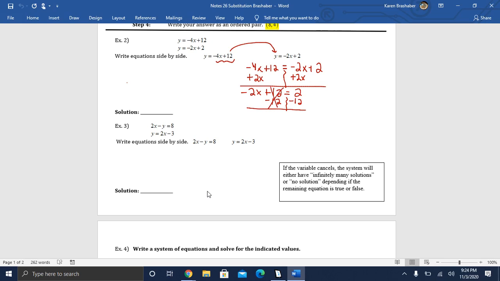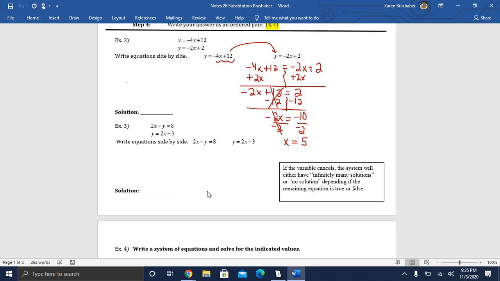Now I have negative 2x equals negative 10. Then I can divide both sides by negative 2. That cancels my negative 2s to get x equals, and I have a negative divided by a negative, so I have an answer of 5.